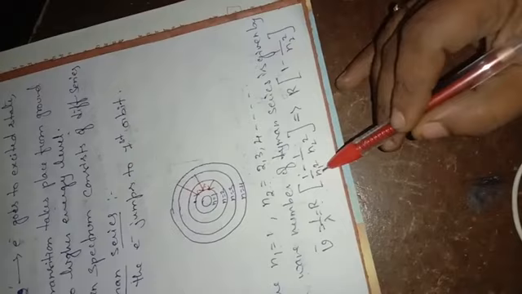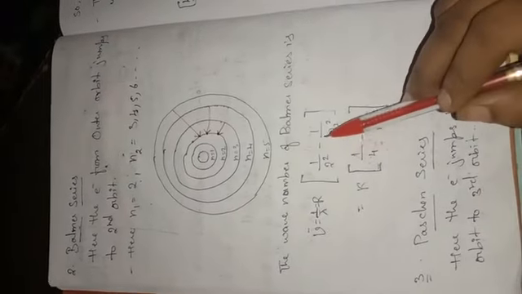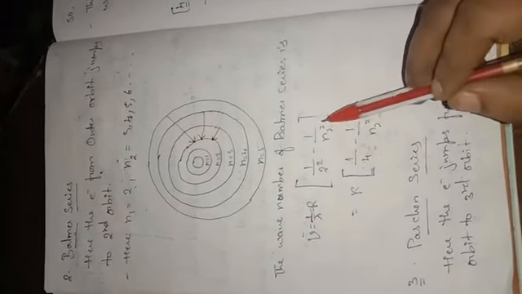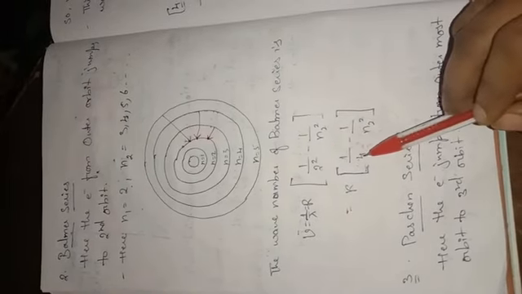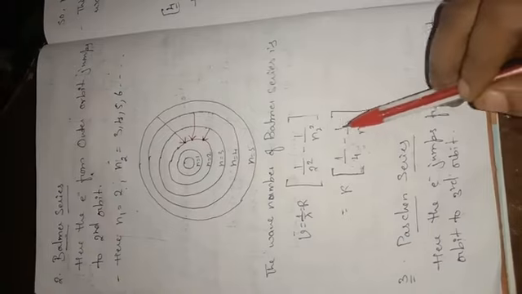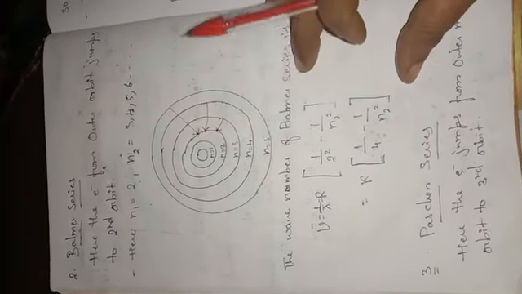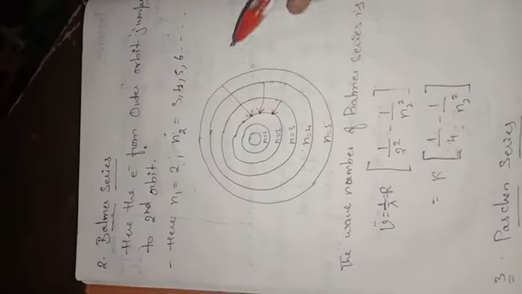Here it is n1 square, isn't it? So directly I wrote here 2 square. So 1 by n1 square, here n1 square is 2 square, minus 1 by n2 square. So 2 square means 4, isn't it? So 1 by 4 minus 1 by n2 square. Understand? So this is about the Balmer series, and here he has given different names.